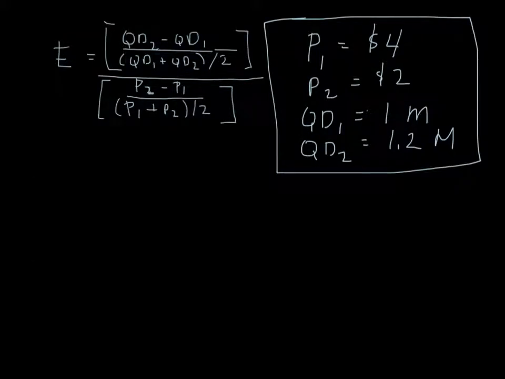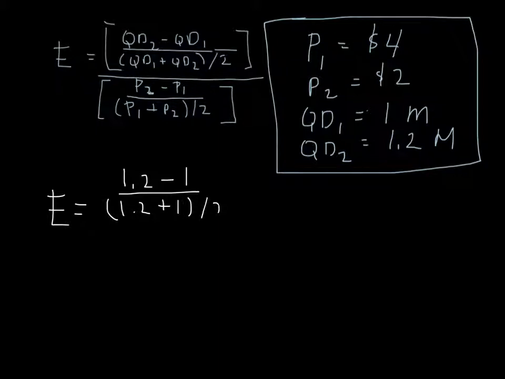So now we plug and chug, right? We have our elasticity coefficient. We have QD2 minus QD1 up here. We're going to plug that in, and that's going to be 1.2 minus 1. We're going to put that over the average of those two, 1.2 plus 1, or it could be 1 plus 1.2, it doesn't matter what order you add those, divided by 2.